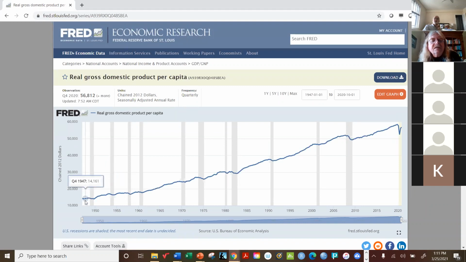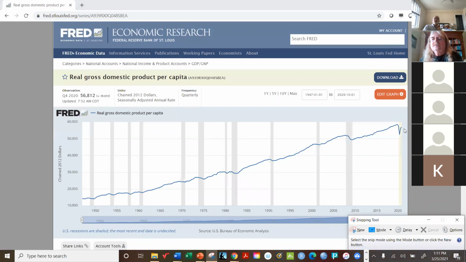So here again, you can see, according to this, in 1950, per capita real GDP was 14,101, and it's now up around 56,812. So I'm going to quickly figure out what that growth rate is.